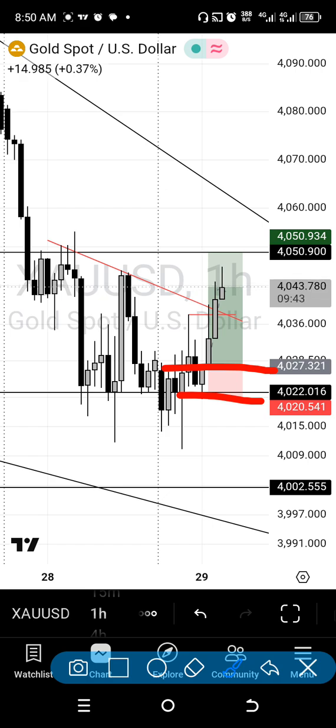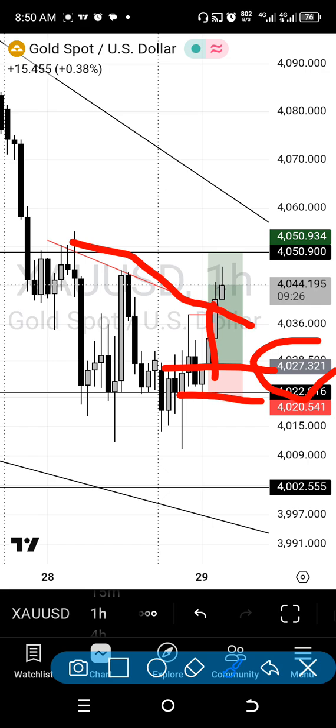So when I took the buy here from this entry at 4027.321, that's the entry. The market then went towards this mini 1 hour trend line. So I shifted my stop loss from here to the entry here.